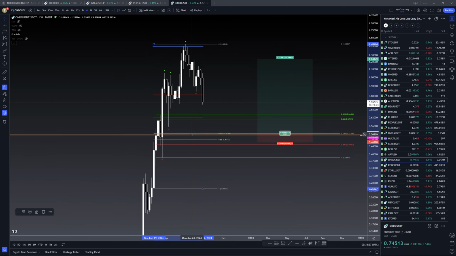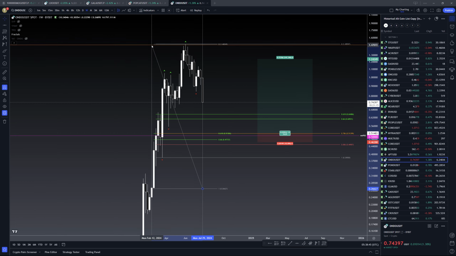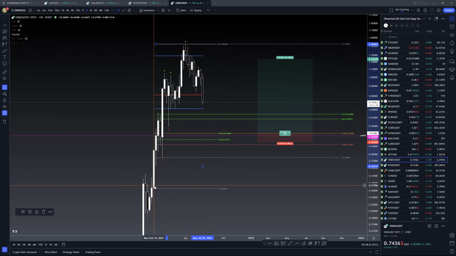But with all the confluence we have right here, let's go over what we have confluence-wise. I'm going to just keep it real with you. Including this impulsive candle in this range, I wouldn't, because it coincides with this range as well.